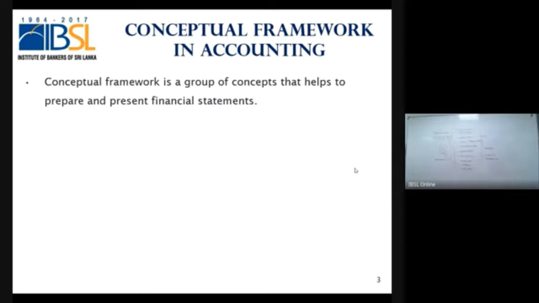So the financial statements of your organization are prepared based on a set of concepts. These concepts we can call rules or the basis or the fundamentals of how you prepare your financial statements. We will learn what a concept is.